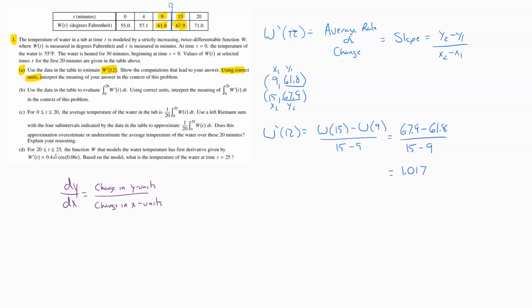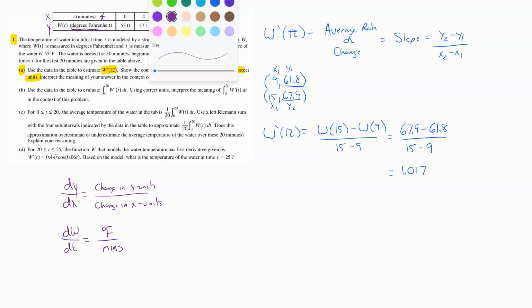Then I just kind of work back into what this problem's saying. The y values on here are our w values, and the x values are our t values, so our derivative is really dw dt. The w units are degrees Fahrenheit, and the t units are going to be in minutes.